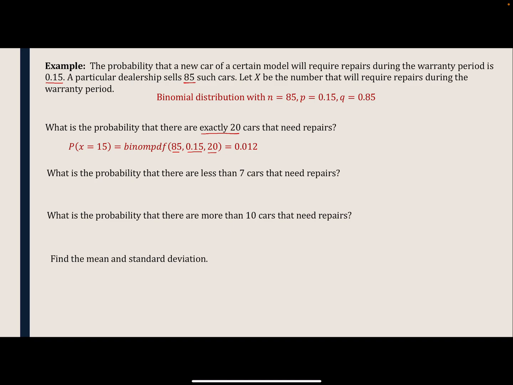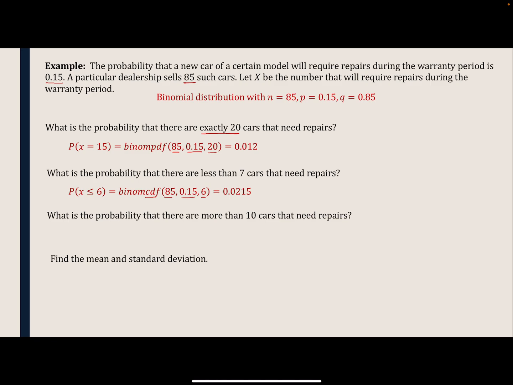Less than 7 means that we're not including 7, right? That's 0, 1, 2, 3, 4, 5, 6. So we're going to use the binomial CDF command with 6, since we don't want to include 7 in our answer. Again, number of trials is 85, probability of success is 0.15, and we want 6 or fewer.